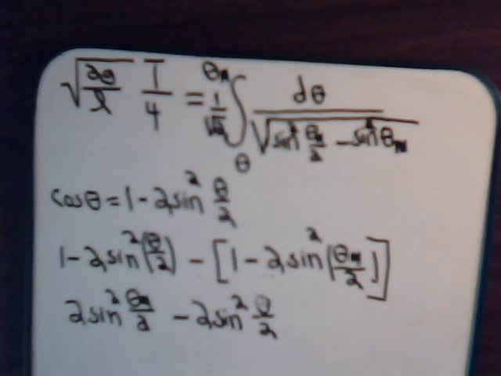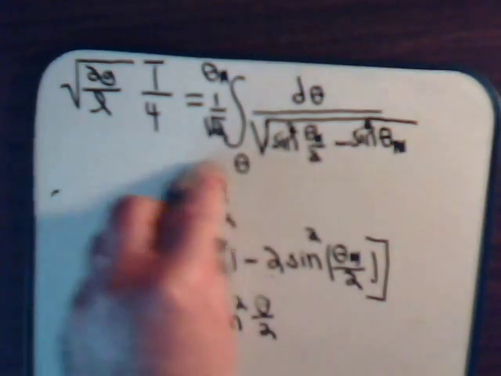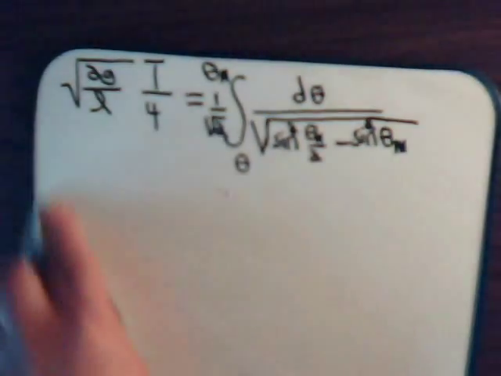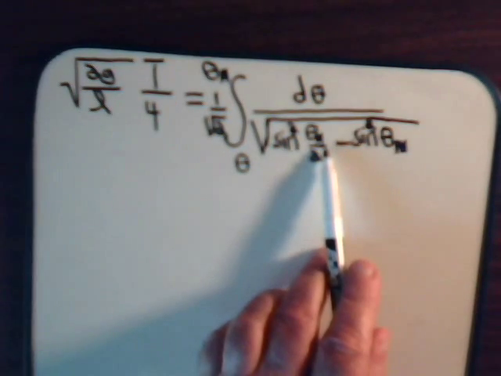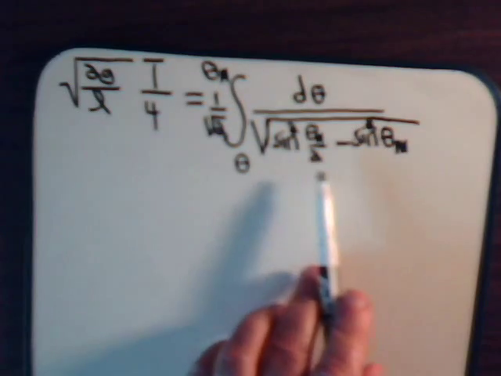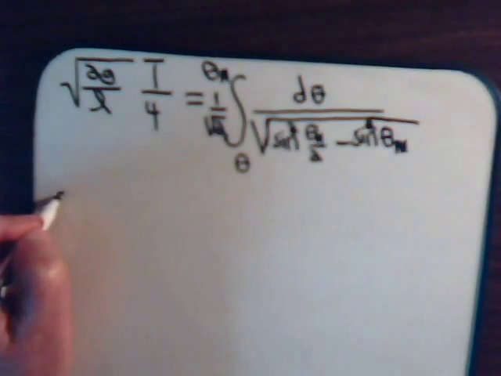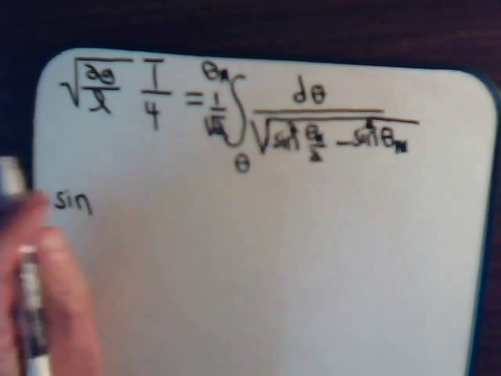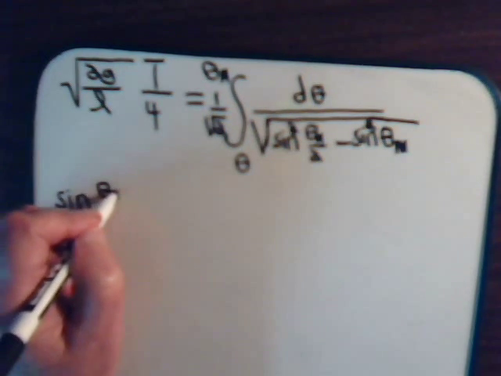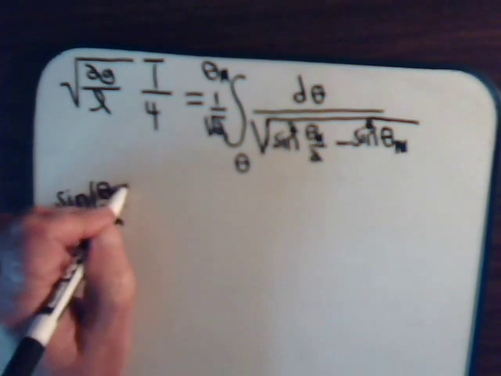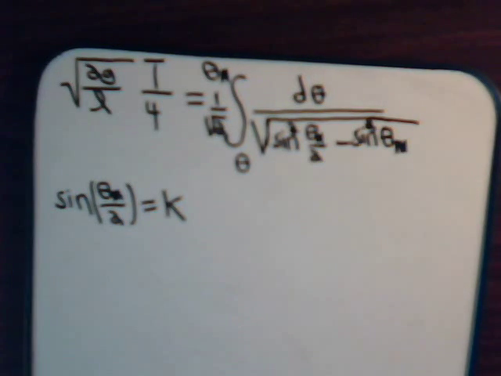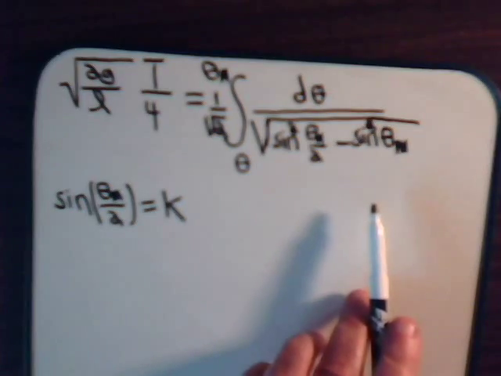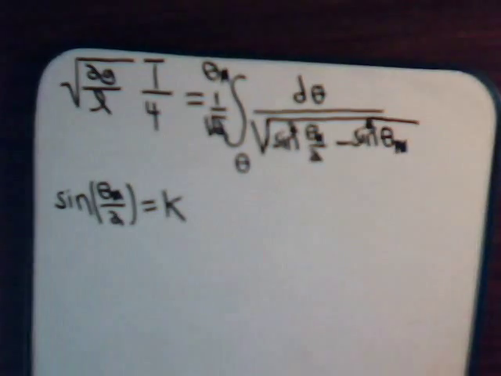Now, the sine squared of theta m over 2, that's our maximum displacement, so this is just some constant number. Just call the sine of theta m over 2 k.